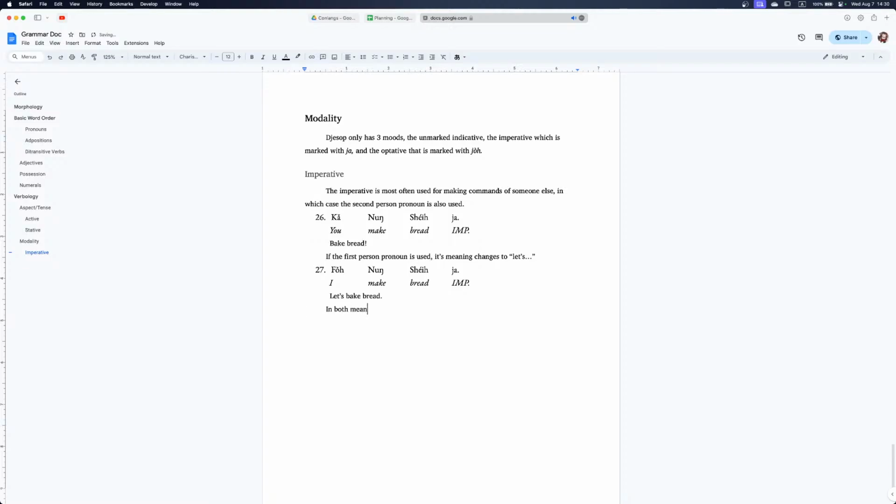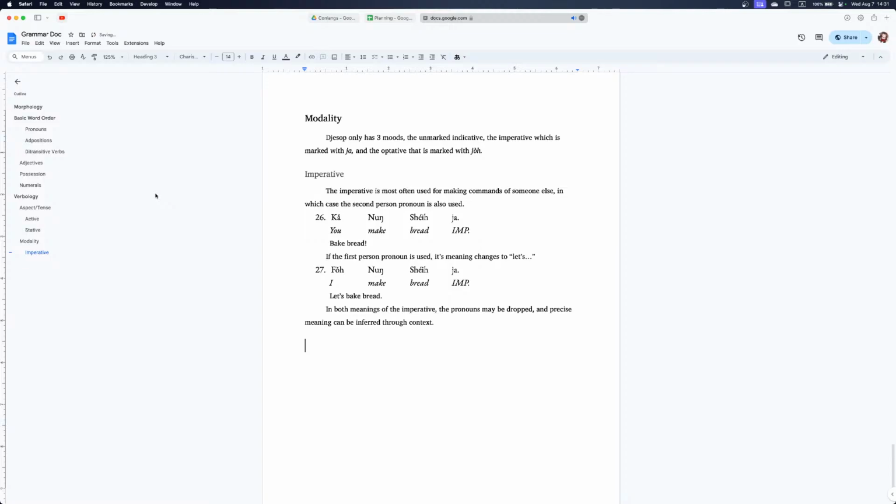In both meanings of the imperative, the pronouns may be dropped and precise meaning can be inferred through context. Okay.